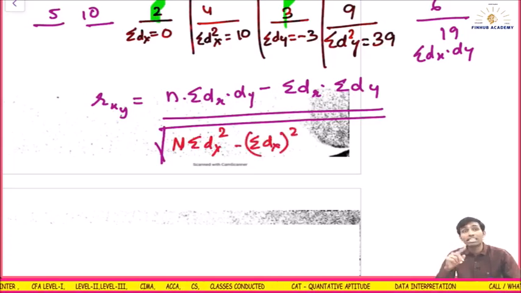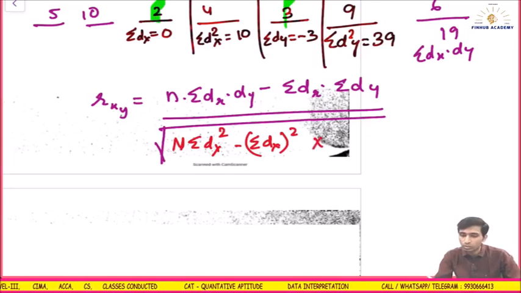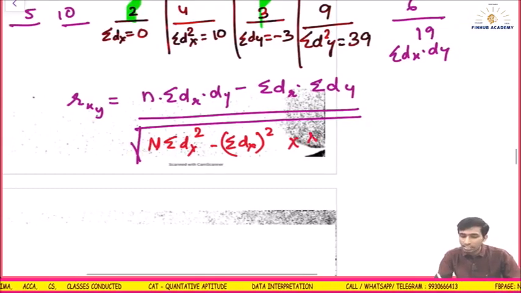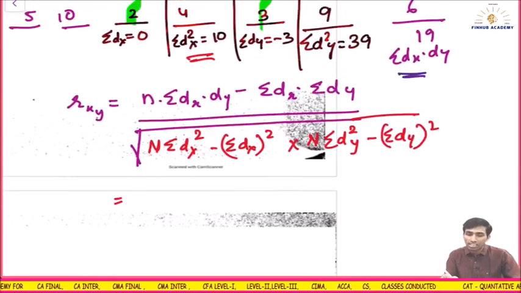Two things are different: the summation of d square x, and summation dx the whole square. And immediately here also, multiplied by n into summation d square y minus summation dy the whole square. Understood? Like this.